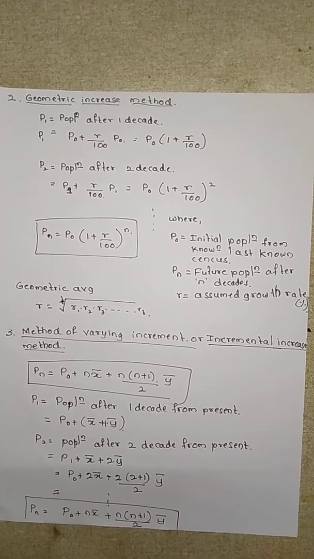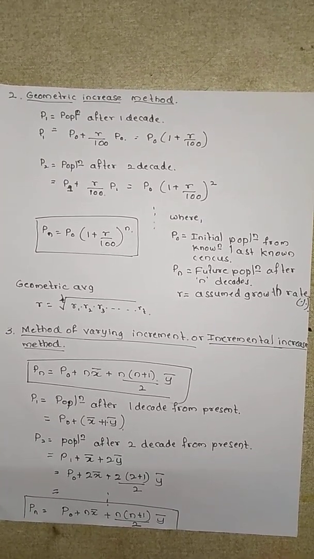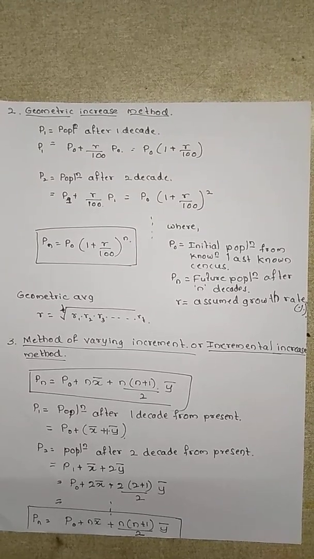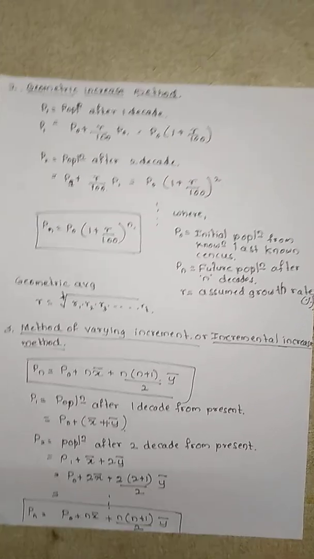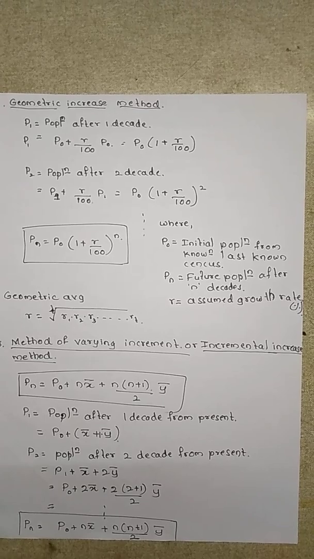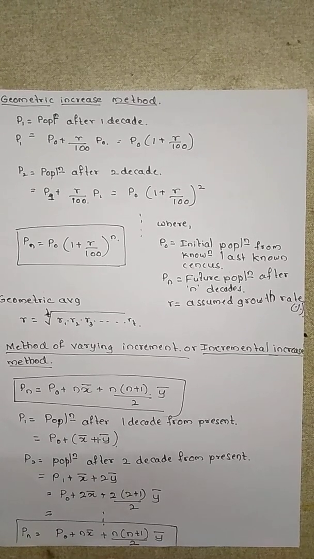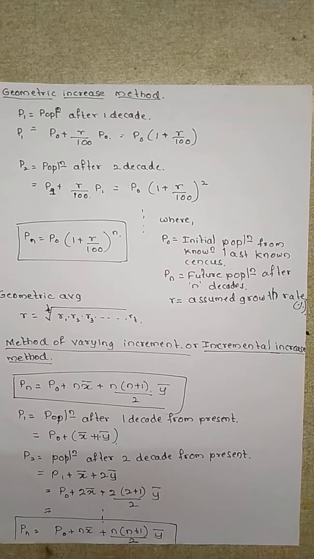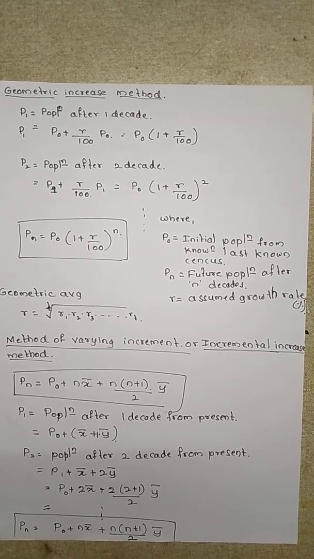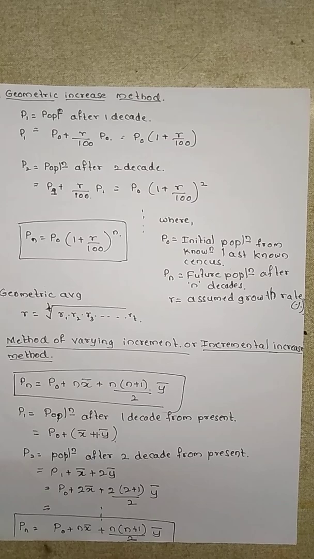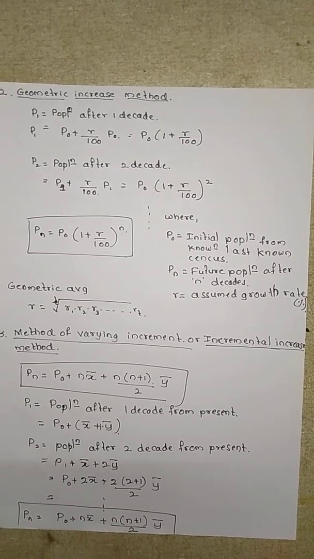This method is also known as the uniform increase method or the incremental increase method. I'll repeat: the per decade percentage increase is assumed to be constant, and the increase is compounded over the existing population every decade.